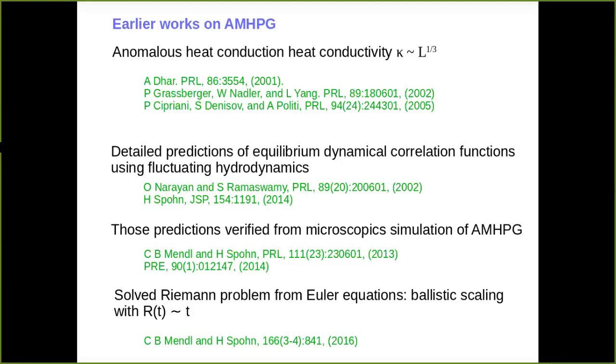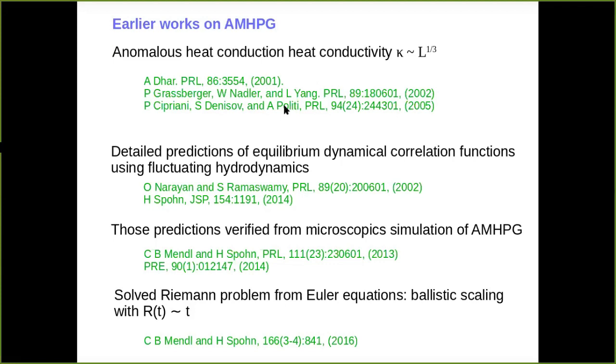As I mentioned, it is an interesting system, the alternate mass hard particle gas, and many exciting works have been done for this system, such as the breakdown of Fourier's law of heat conduction in one dimension. A remarkable finding is that the thermal conductivity kappa diverges with system size as kappa goes as L to the power 1/3, and this was discussed in these references.